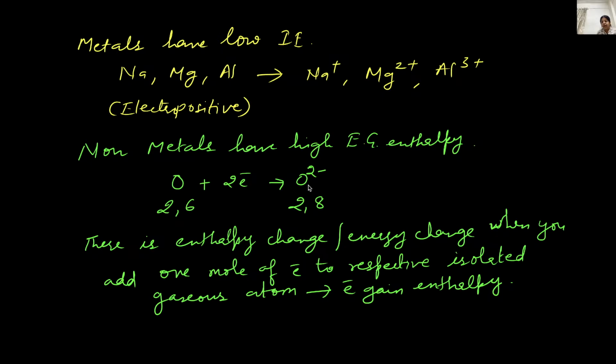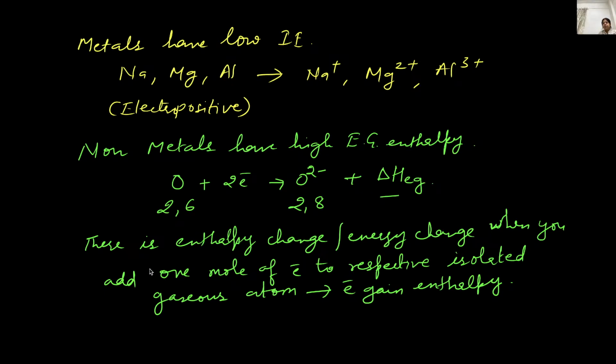The amount of energy associated with this reaction, students, is called electron gain enthalpy. Okay. So this is called electron gain enthalpy.